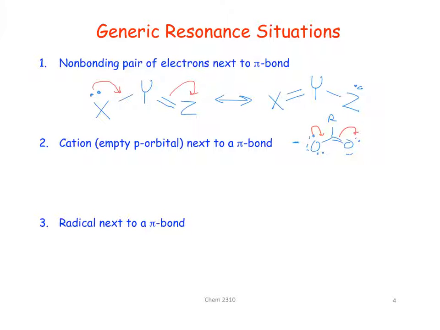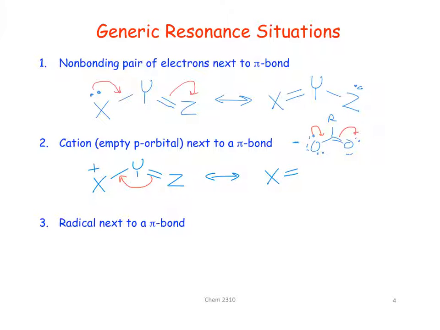The second generic type of situation is we have an atom with a cation on it next to a pi bond. So in this case we're going to have a plus charge here, and the pi electrons are going to move towards the plus. So this will go over this way, and this will give us a resonance contributor that looks like this.